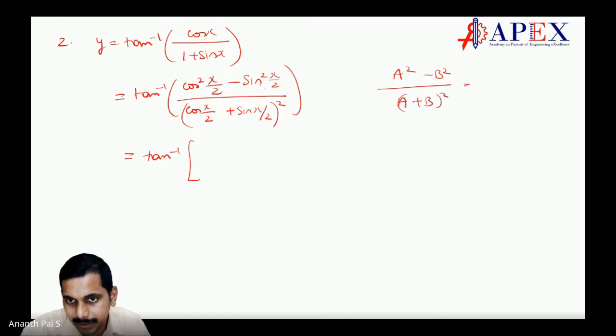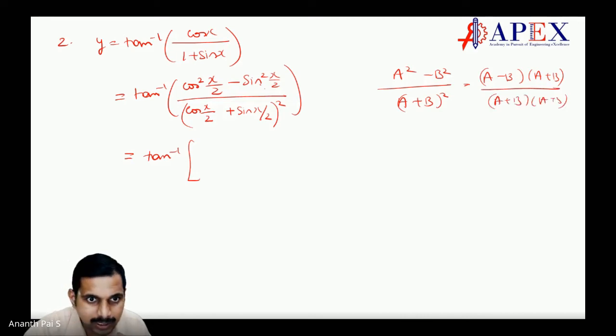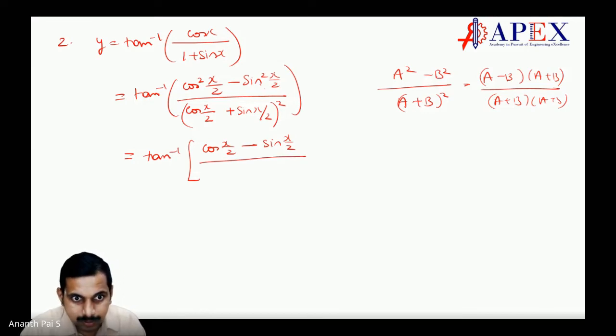This can be written as a minus b and a plus b. The denominator can be written as a plus b and a plus b. So we can cancel a plus b. What remains is cos x by 2 minus sine x by 2 divided by cos x by 2 plus sine x by 2.